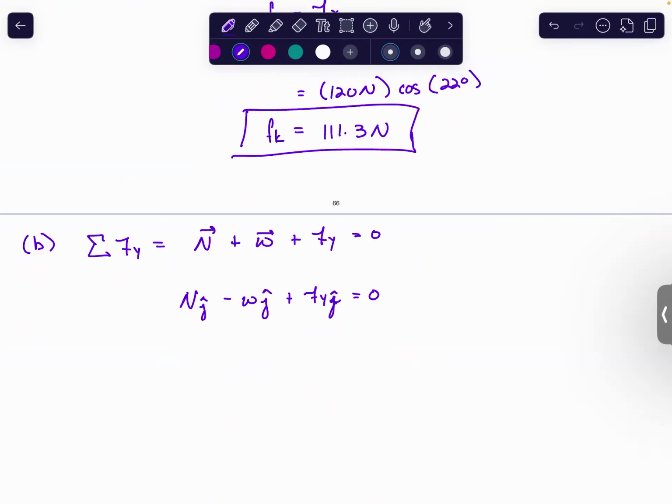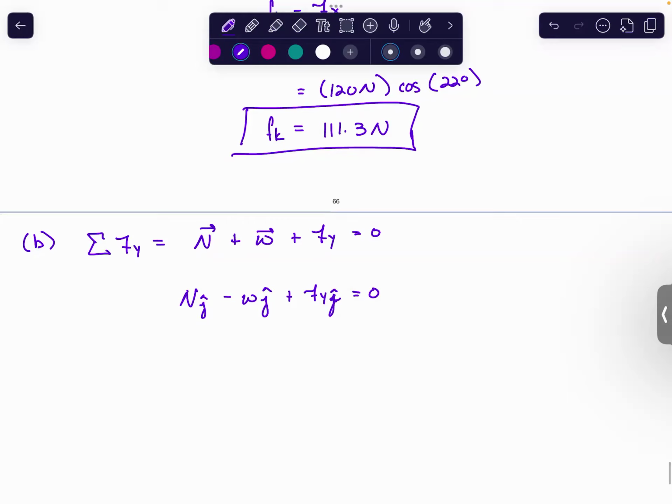That equals 0. So then I can solve for weight, and the j hat can drop off because we can just deal with these magnitudes since they're all in j hat. Minus weight equals minus normal force minus the y component; multiply through by -1, and weight equals normal force plus my y component.